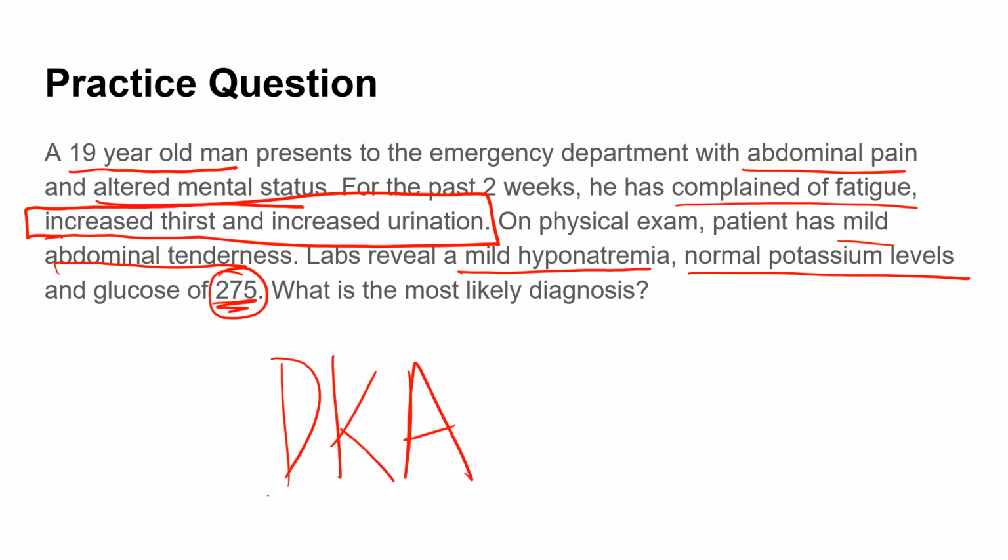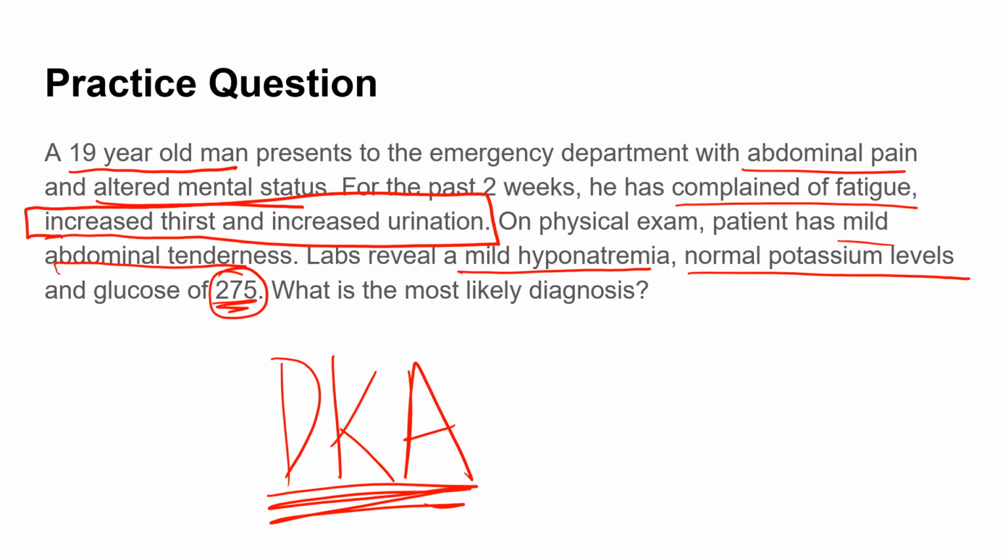So that's just one important thing to always think about in these questions, and just the same way we compare and contrast PCOS with Cushing syndrome. In my mind, at least for the NBME style questions, I tend to compare and contrast adrenal insufficiency with DKA because they both can present with acute abdominal pain in a young patient who has this history of fatigue, sometimes with weight loss.